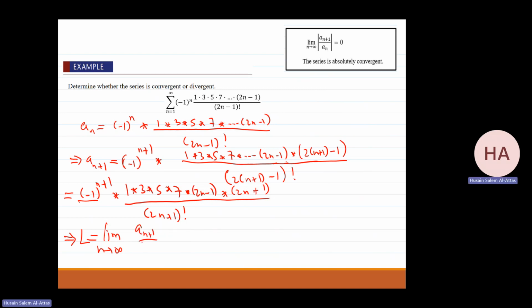Everything is positive. The limit as n goes to infinity of 1, 3, 5, 7, up to 2n minus 1, 2n plus 1.